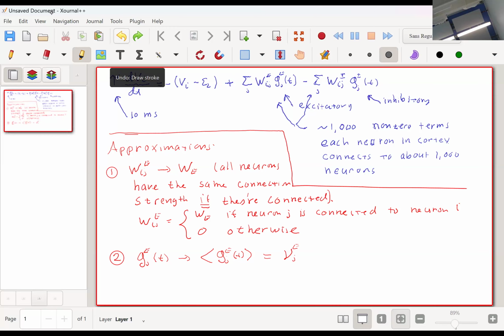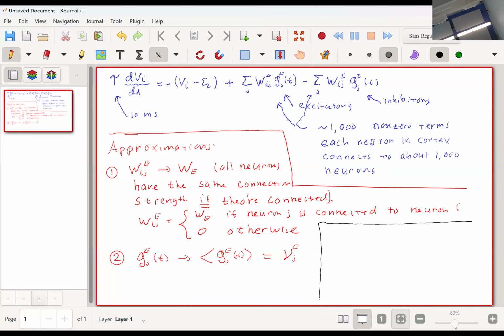I'm just going to draw it here, and then I'm going to redraw it on the next page. So these approximations tell us that the sum over j of W_ij^E g_j^E(t) goes to just K, the number of connections per neuron, times the strength of the connections, times the excitatory firing rates.